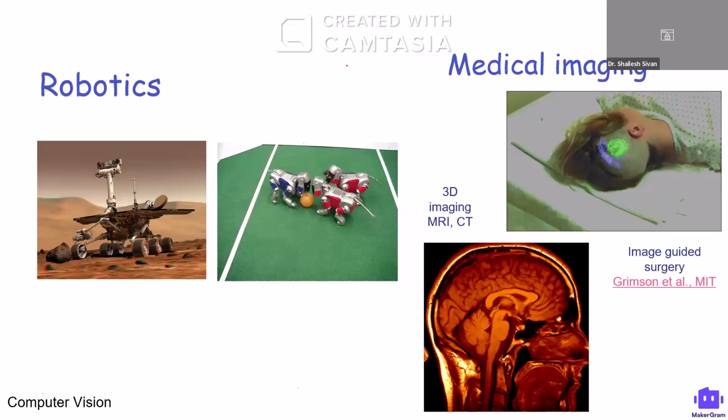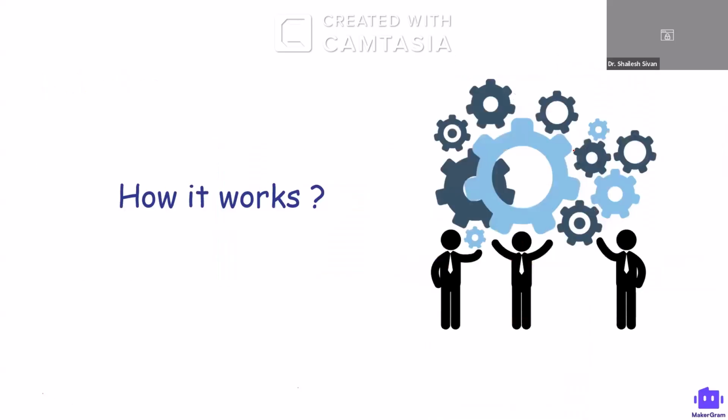And in robotics and in medical imaging, suppose you have a CT scan image or an X-ray image or an MRI image, PET scan or whatever it is, we can perform computer vision methods to understand and diagnose the disease from that particular input.